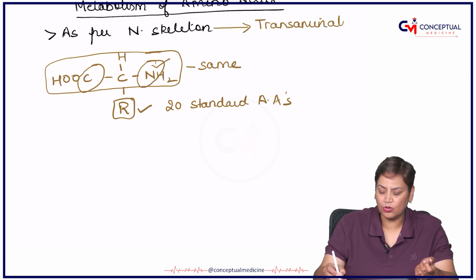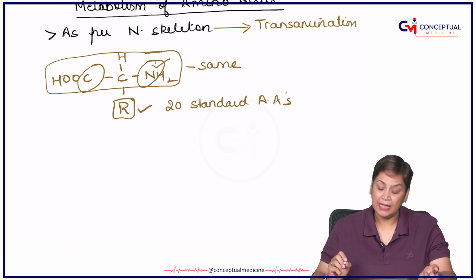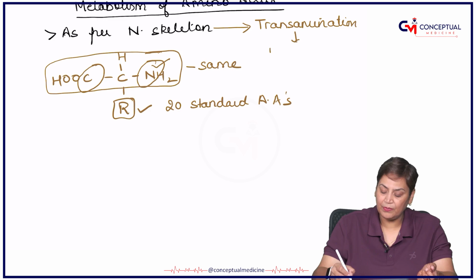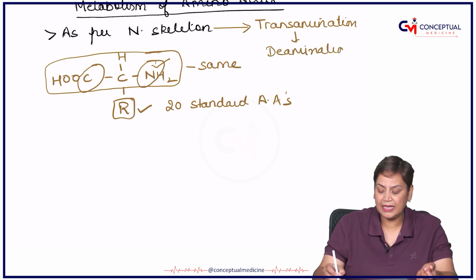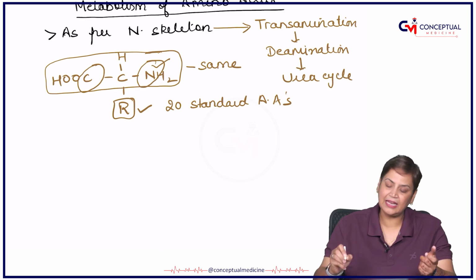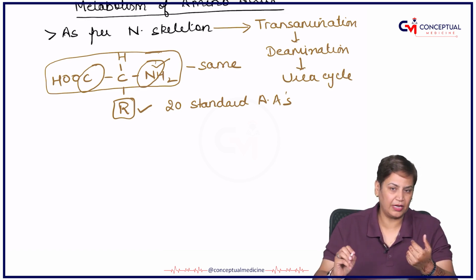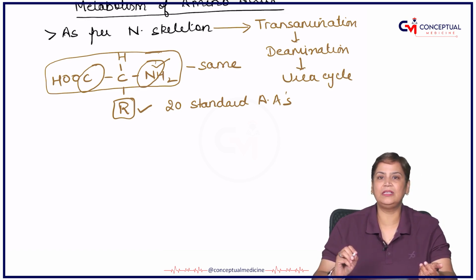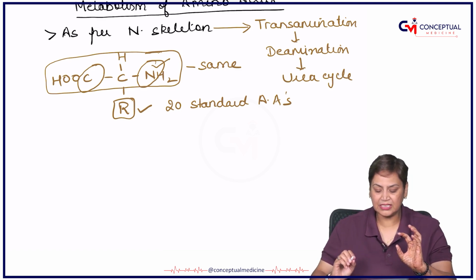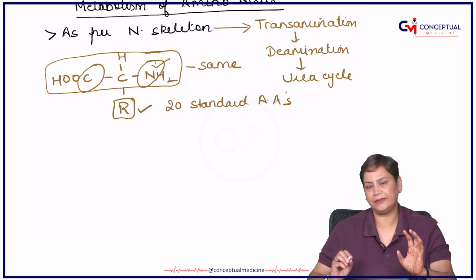First the group will be transferred, then the group will be removed, which is deamination, and in the end, this amino group is going to undergo the urea cycle and be expelled from the body. That is why we say we human beings are ureotelic in nature. So this is very important to understand.